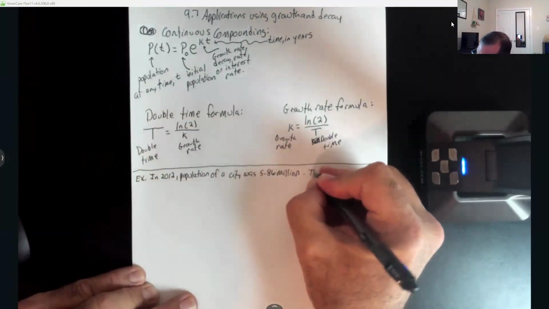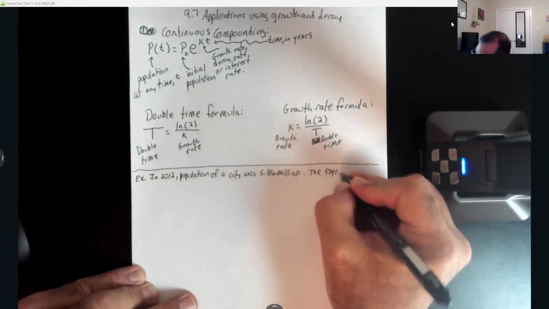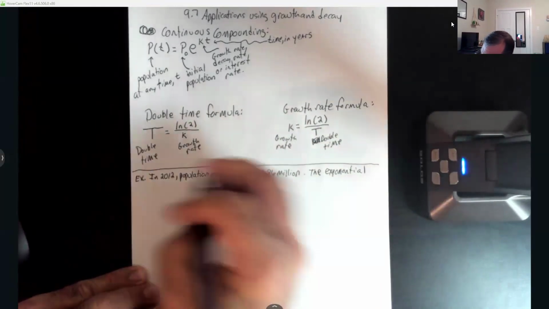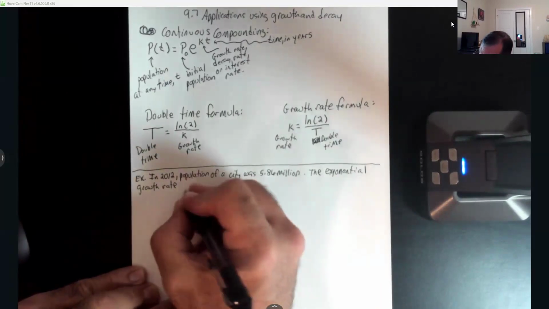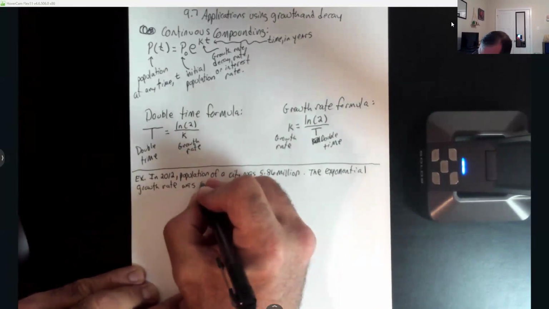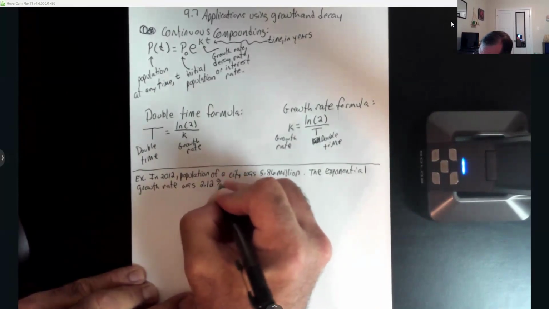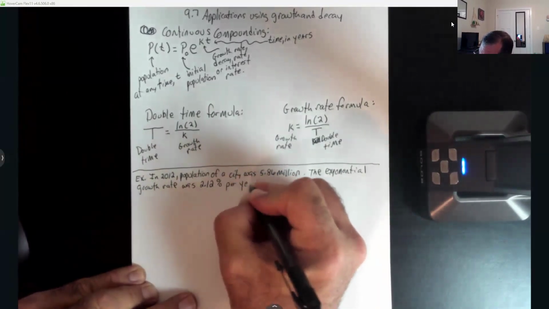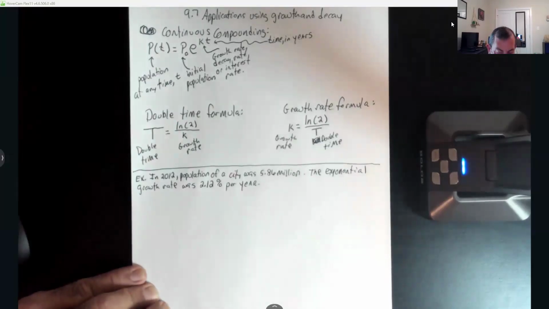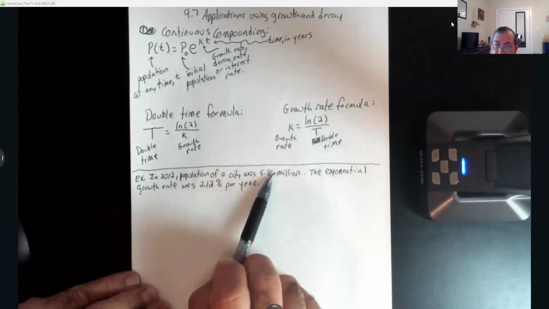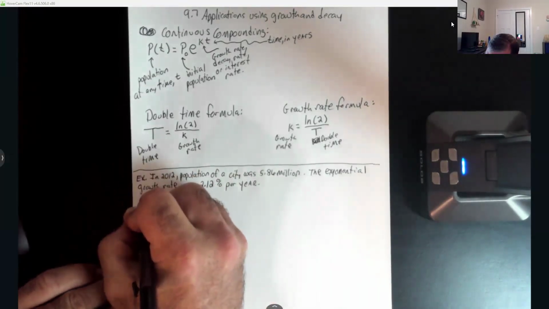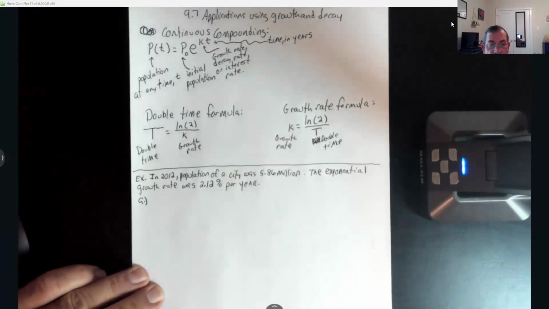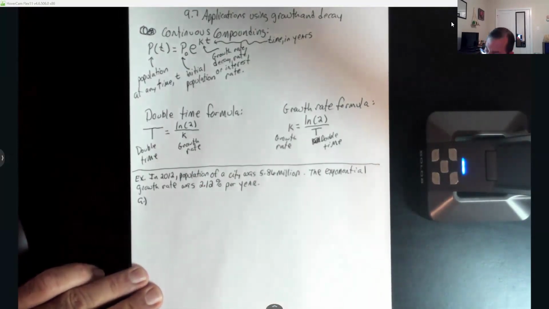Then it says the exponential growth rate was 2.12% per year. All right, so I got my initial population. I got my growth rate. So for part A on this one, they want me to find the exponential growth function.